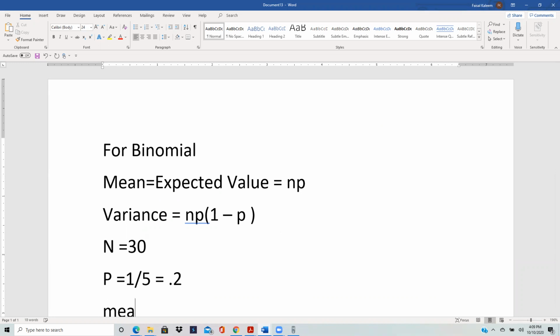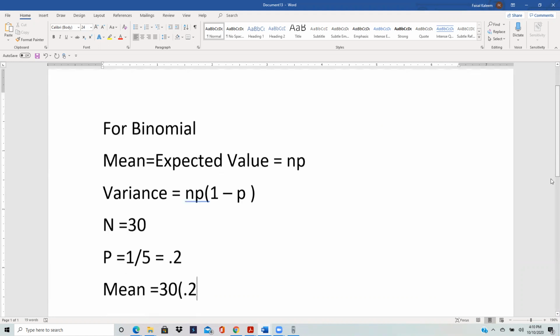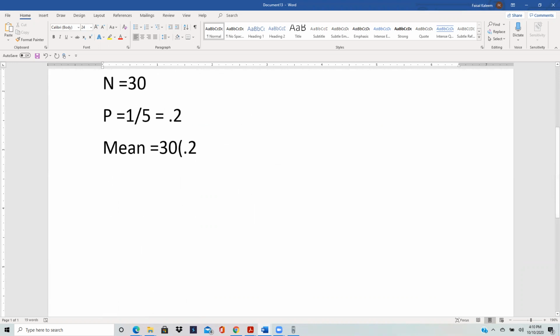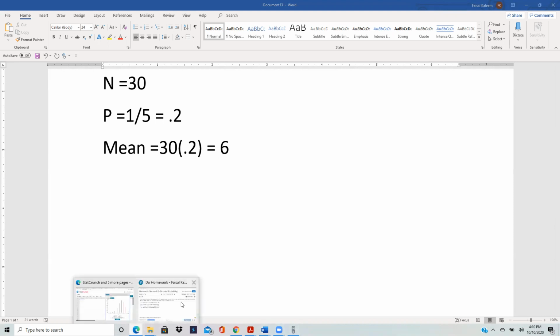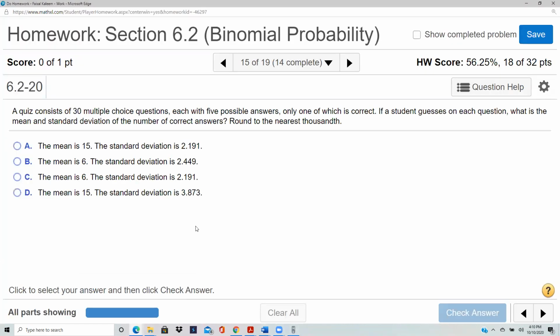So the mean will be n times p, so 30 times 0.2. That'd be 6. So mean is 6, and then they want the standard deviation.